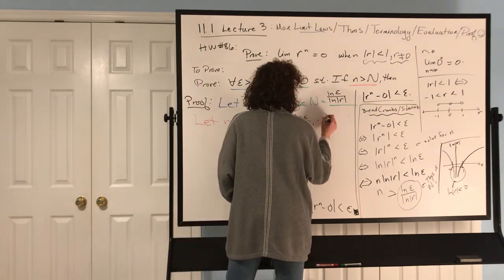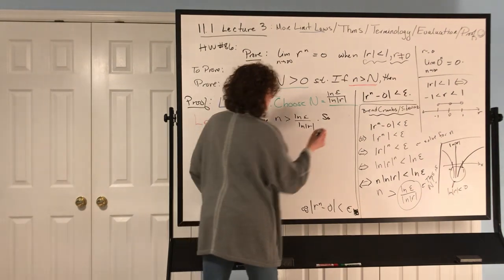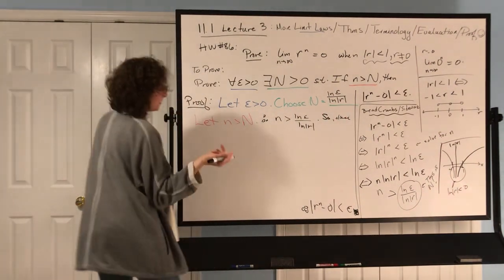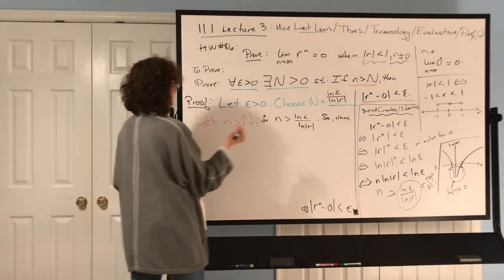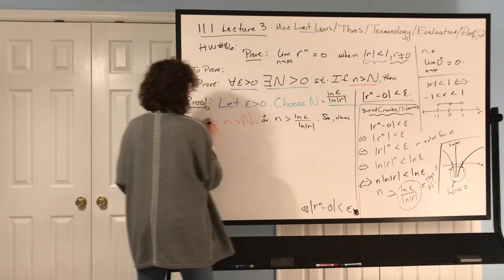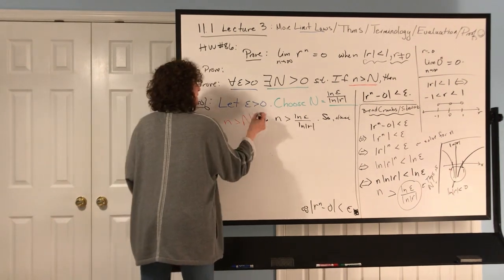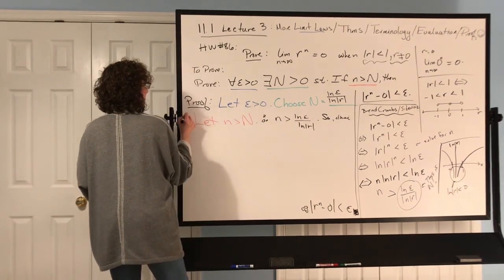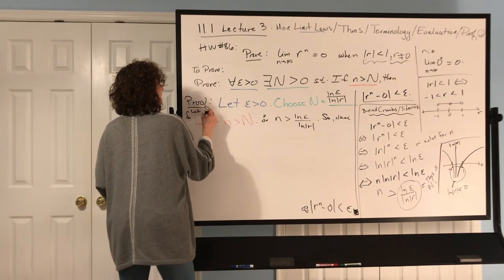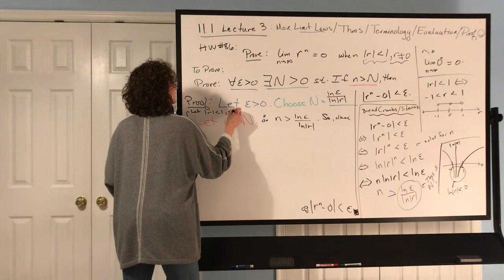Okay. So here's not a bad idea to say, since, oh, that's another thing we probably should have put in here. Let's just squeeze it in here. Let the absolute value of r be less than 1, r not equal to 0.